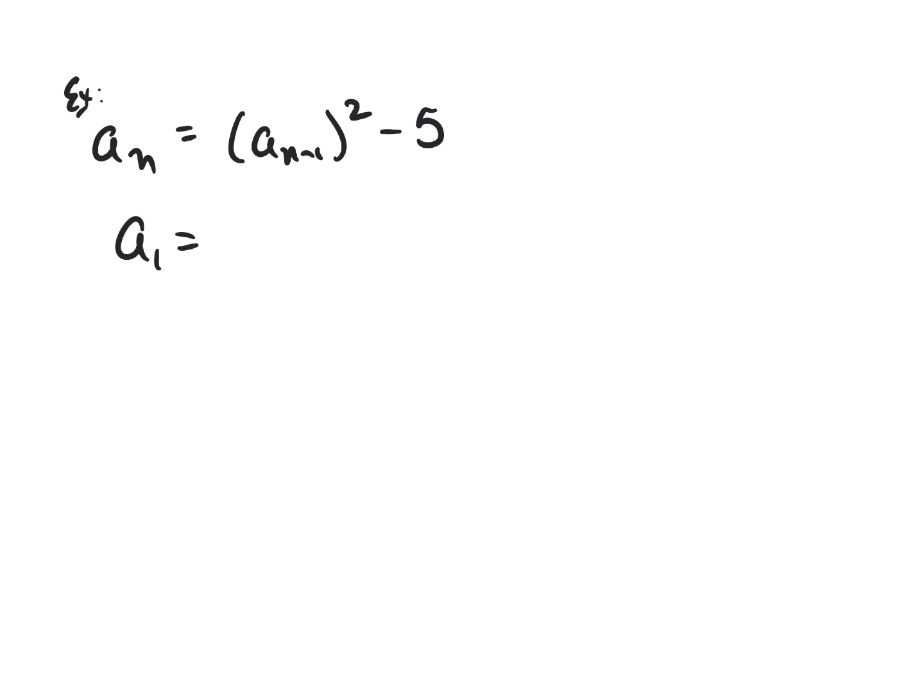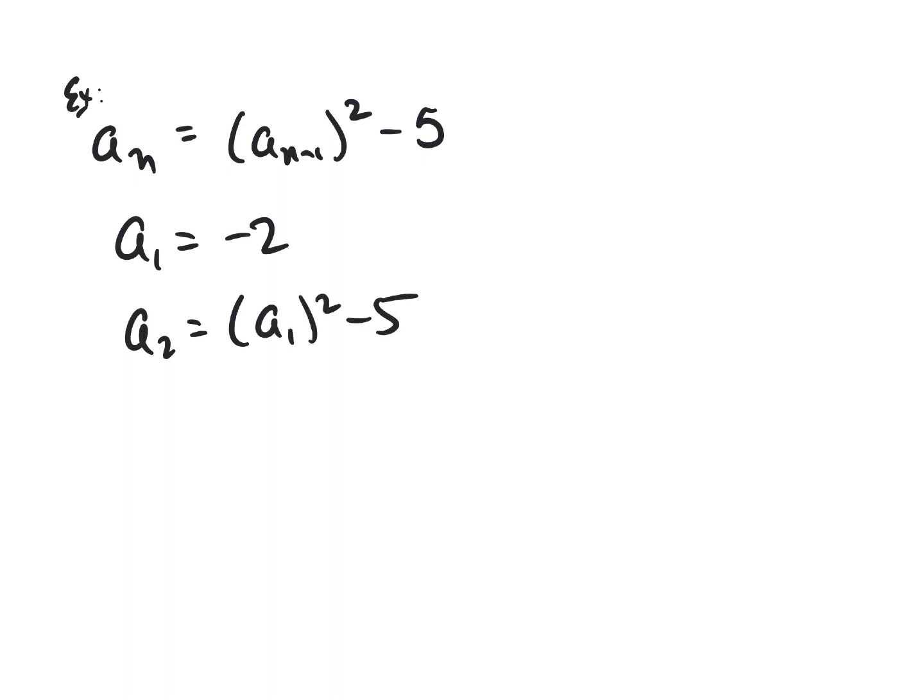So as an example, what if I were to give you something like a sub 1 equals -2? All right, just to start somewhere. Okay? Then the second term, a sub 2, is then going to be equal to a sub 1 squared minus 5.